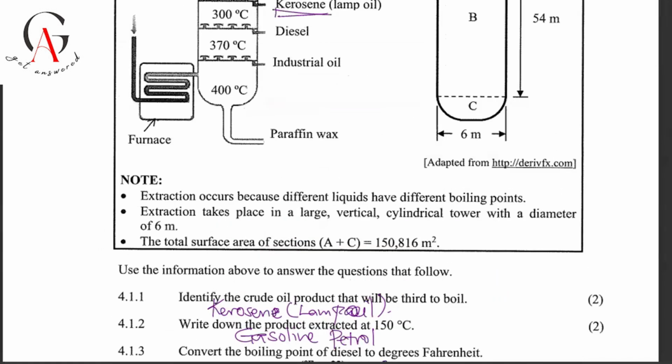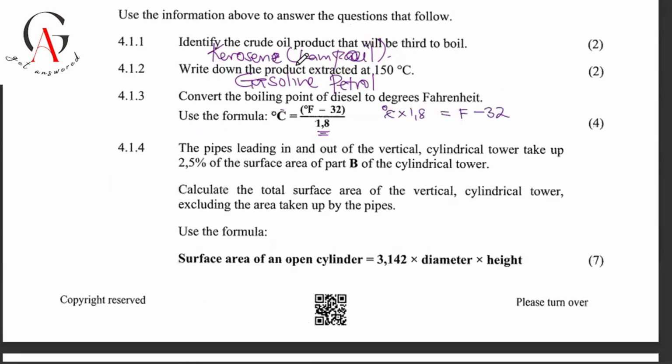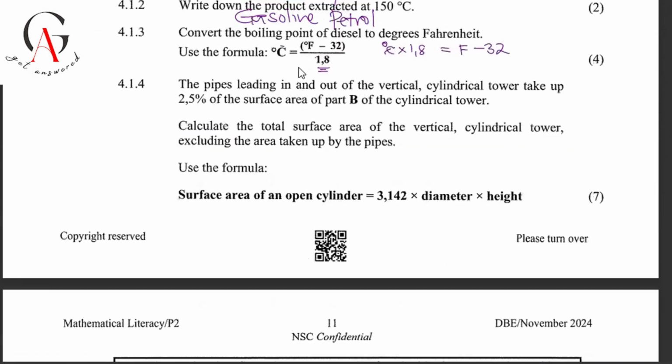So I will come here. I look at diesel. Diesel is this one here, the 300. So we put the 300 here, multiply by 1.8, and we add on the 32, because this 32 has to jump over the side, and because you're looking for F, it has to remain alone.